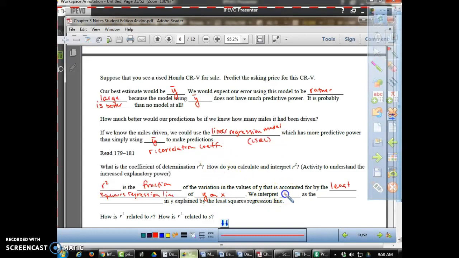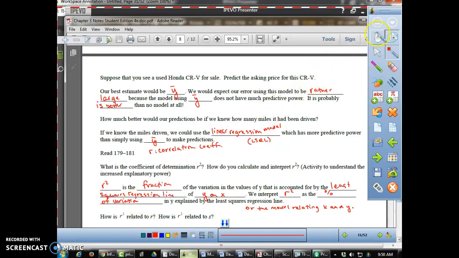So we interpret R-squared as the percent of variation in y explained by the least squares regression line, or the model relating x and y. So all those are appropriate.